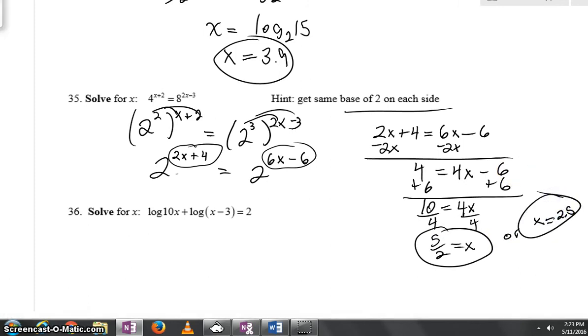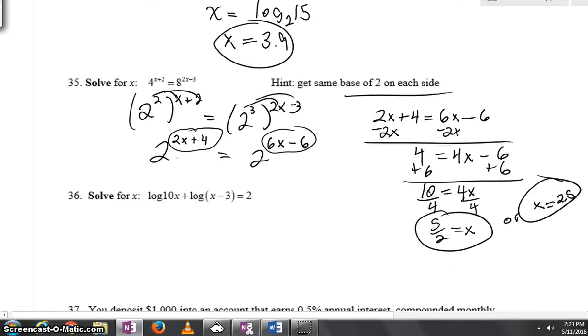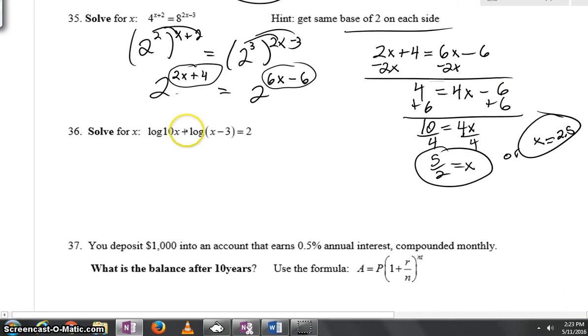For number 36, this is solving a log equation. First, notice we have an addition, and that means we can combine our two logs and multiply 10x times x minus 3 and set that equal to 2. That's condensing. And then we can multiply.